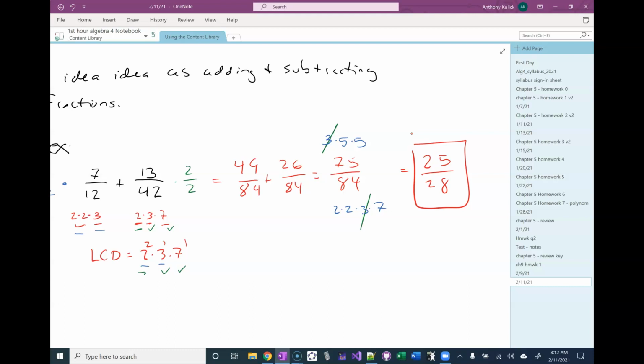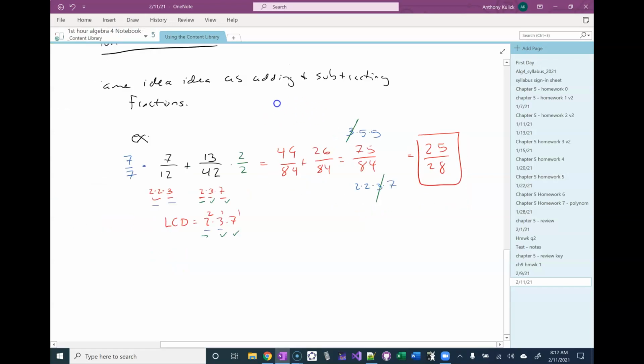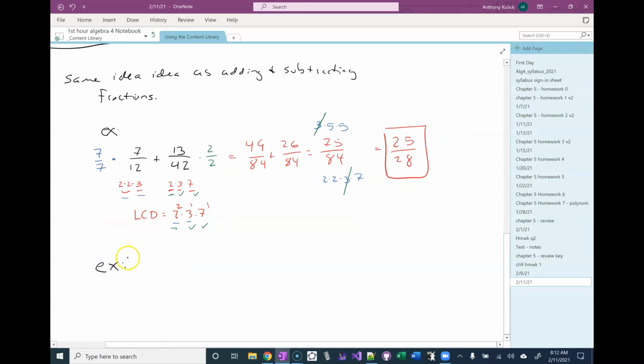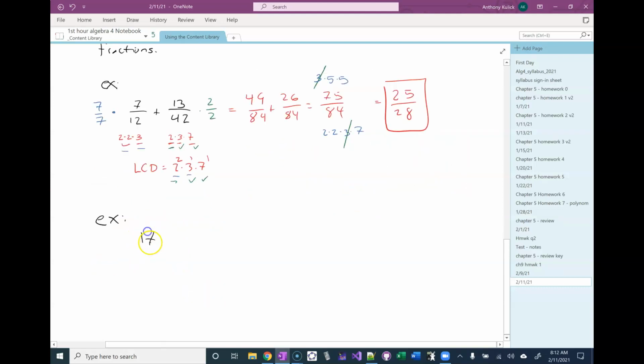We ready to look at some rational expressions, or do we want to do another fractions example? Let's do another fractions example.